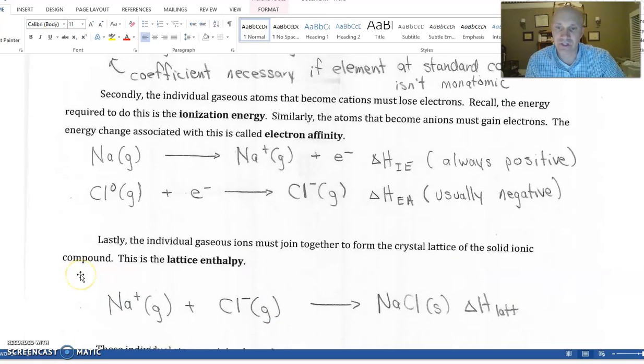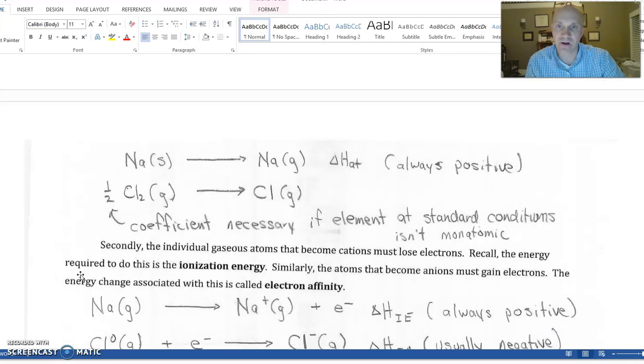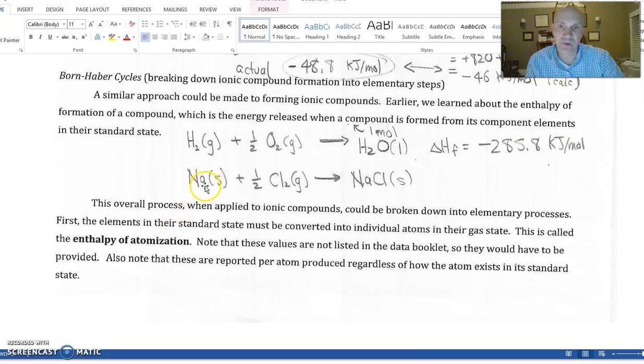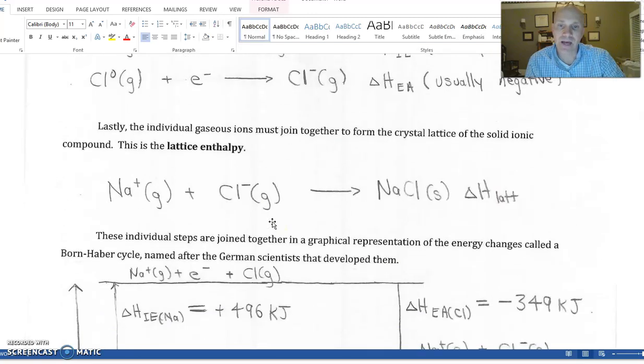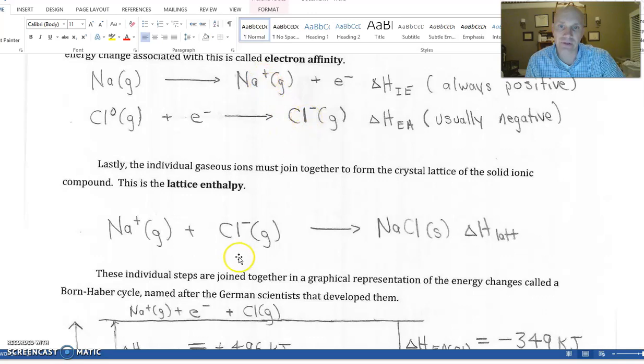And the last energy change involved in going from sodium metal and chlorine gas to making sodium chloride would be allowing these formed ions to join together to make the solid material. So if a gaseous sodium ion combines with gaseous chlorine ions, you'll end up making a sodium chloride crystal, or sodium chloride in its solid form.